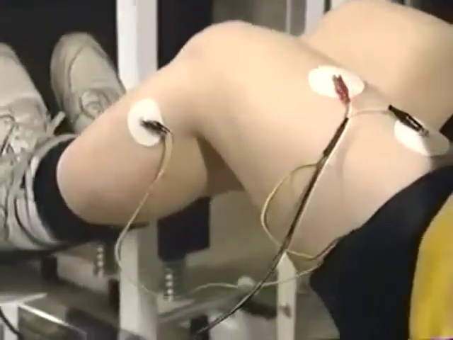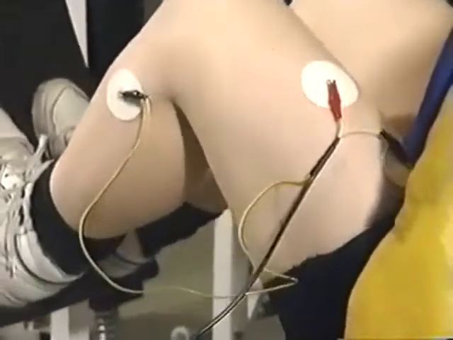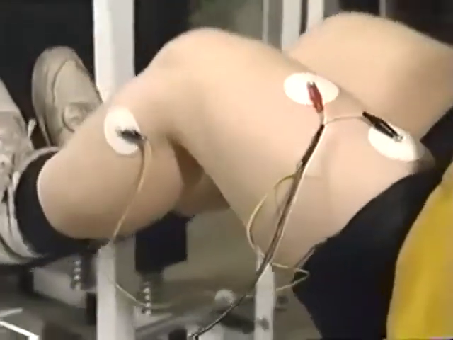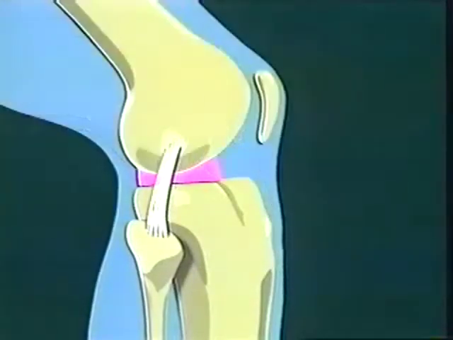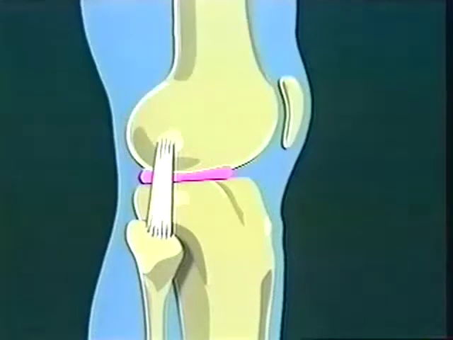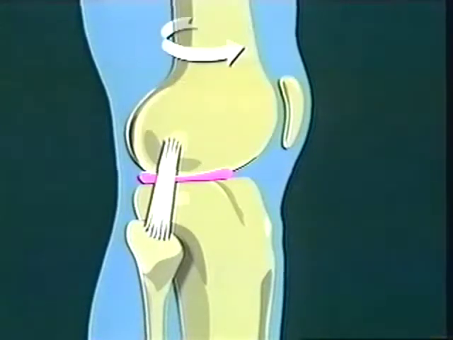The main movements of the knee joint are flexion and extension. As the knee approaches full extension with the foot firmly on the ground, there is a small amount of medial rotation of the femur on the tibia.